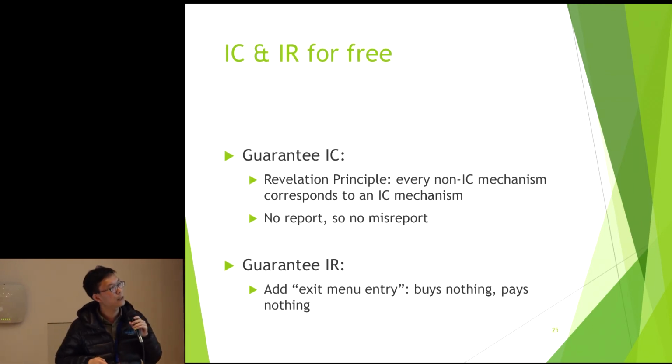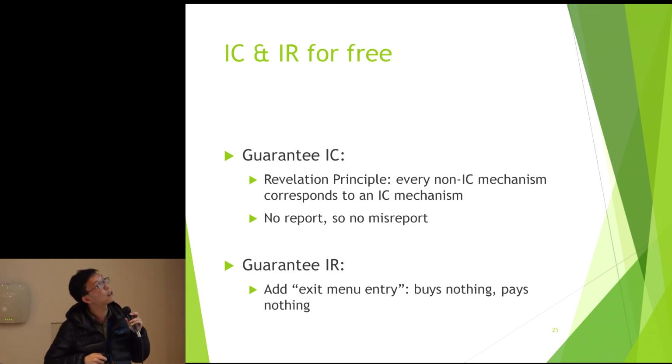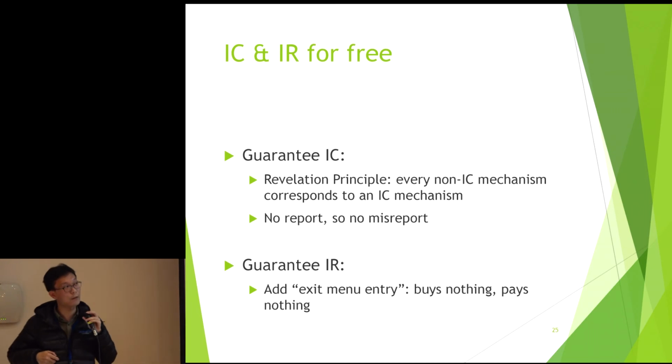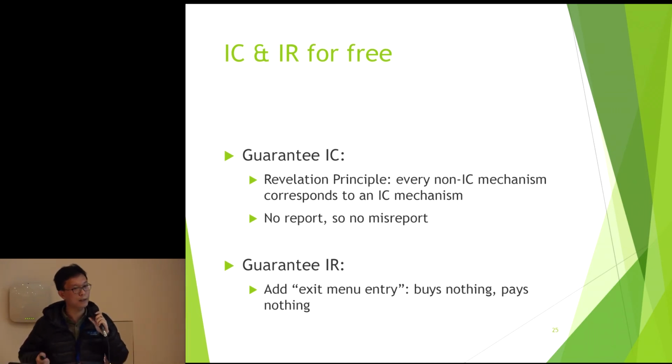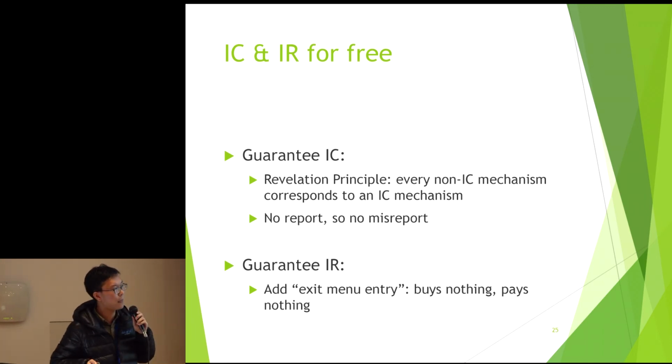Of course, the most interesting thing here is that it gives us IC and IR for free. To guarantee IC, we just apply the revelation principle, which says every non-IC mechanism corresponds to an IC one. And in our case, the corresponding IC mechanism is extremely easy to construct.